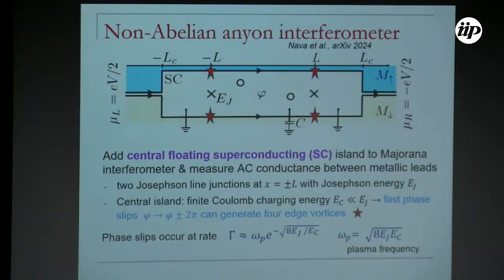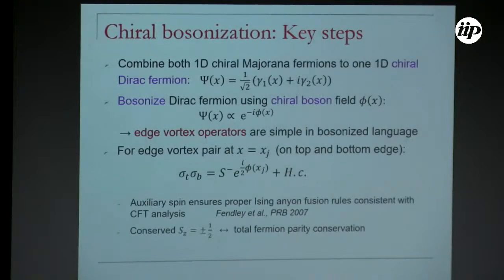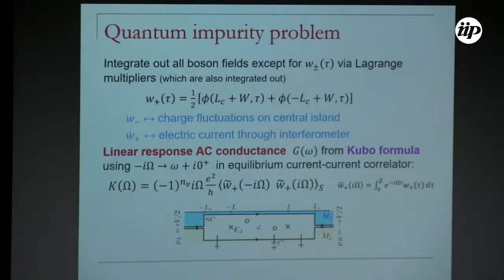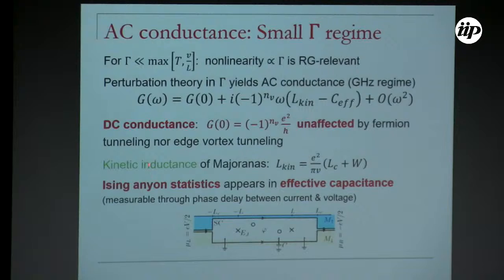And when you say that the conductance can detect braiding, it means that you can measure it before and after this operation, and then you'll see. What exactly will you see in this case? So the prediction was that what you should measure is the conductance from here to here, but at finite frequency. So you apply AC voltage with frequency omega, and then you will also get a current I of omega.